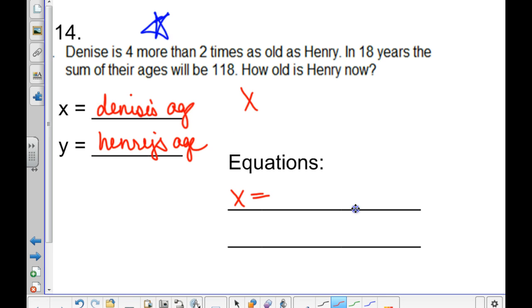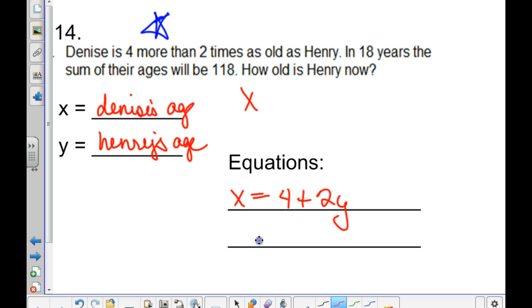Finish that equation. Denise is 4 more than 2 times as old as Henry. Okay, 4 more than 2 times Henry. 2y plus 4 would have been fine, okay?